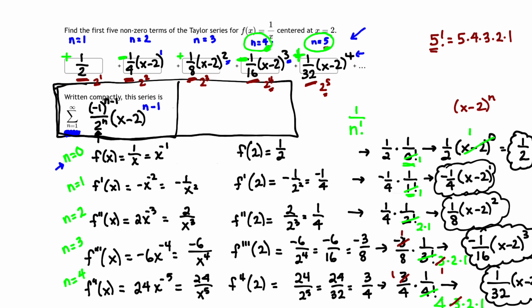Negative 1 to the n minus 1 over 2 to the n times the quantity x minus 2 to the n minus 1. You could also have written it as negative 1 to the n plus 1 times x minus 2 to the n minus 1 over 2 to the n. That would also be acceptable.